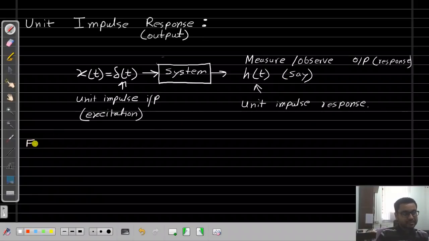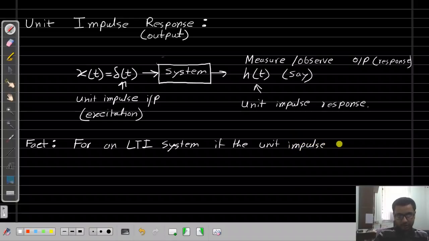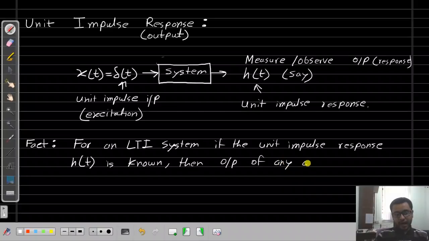So the fact is, for an LTI system, if the unit impulse response, which we always denote with h(t), is known or given, then the output of any arbitrary input can be calculated from this h(t).